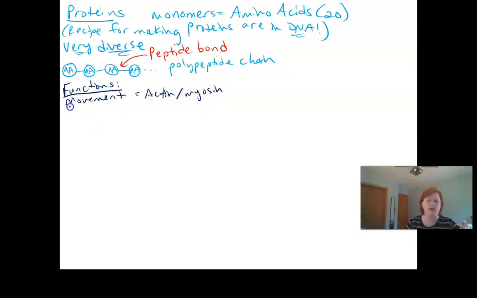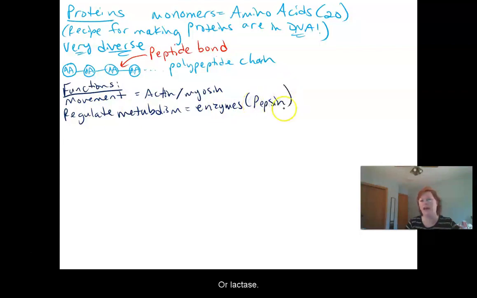We have proteins that regulate metabolism. These would be enzymes like pepsin or lactase. We have structural proteins.